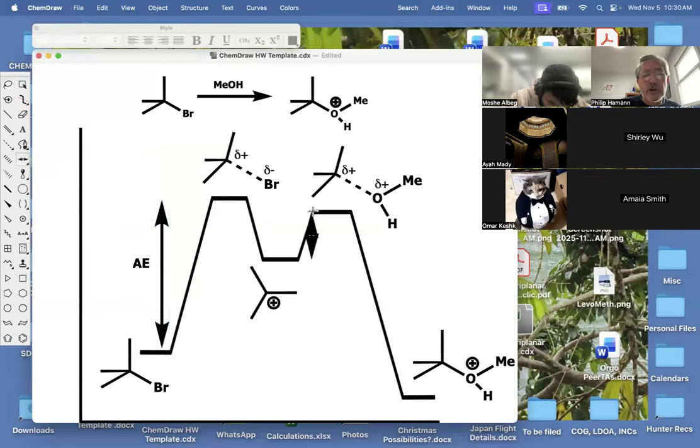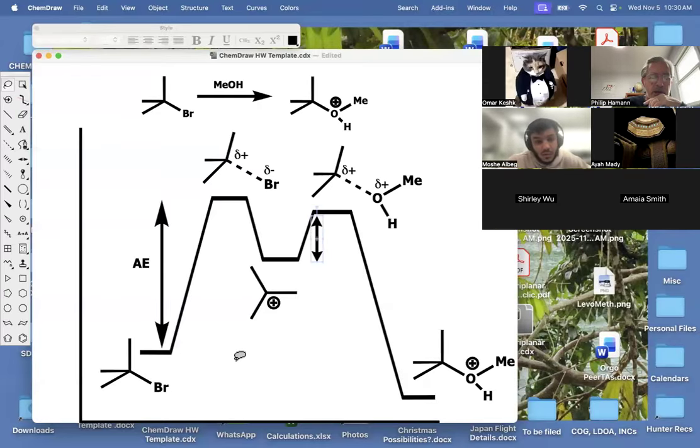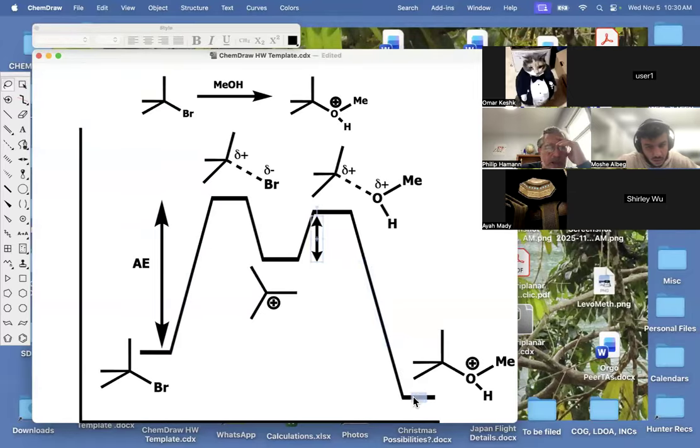That is also an activation energy, but not one of much significance. Okay. You could label energy changes from here to the intermediate and from the intermediate to the end. That's not a common thing to do.